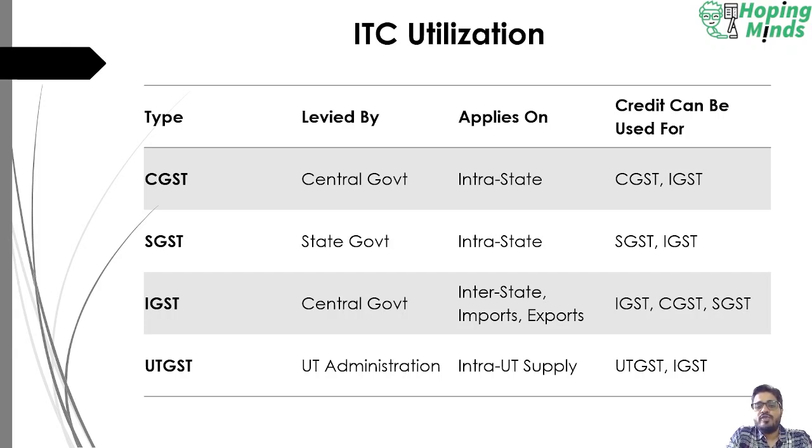The accumulation of UTGST input tax credits can be utilized for the payment of UTGST and IGST tax liability. One thing is very important to note down here, that IGST accumulated input tax credit must be exhausted before utilizing other heads of input tax credits.